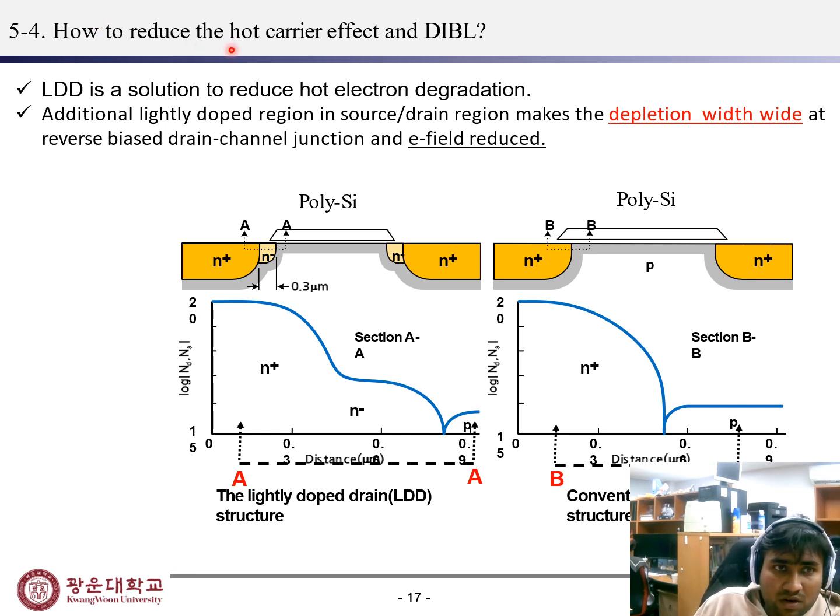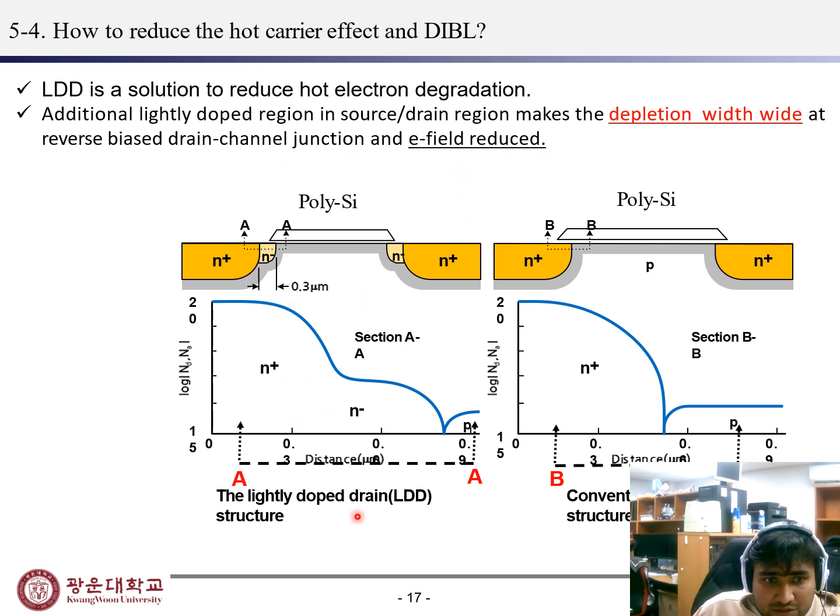How to reduce the hot carrier effect and DIBL? Here, a lightly doped drain is a solution to reduce hot electron degradation. Additionally, the lightly doped region in the source and drain region makes the depletion wide at the reverse-biased drain-channel junction and reduces the electric field.